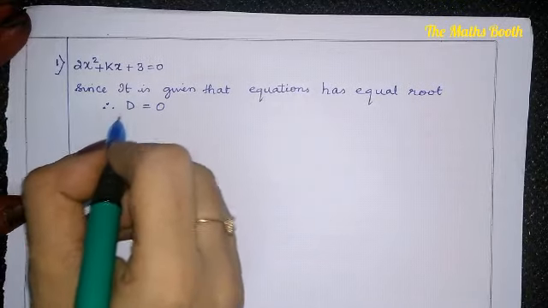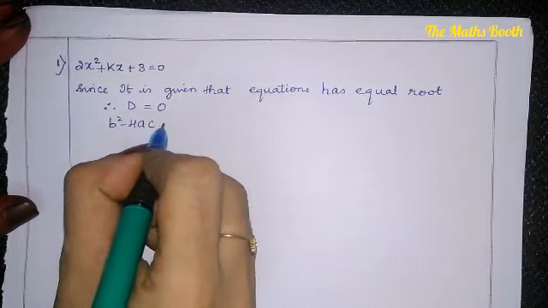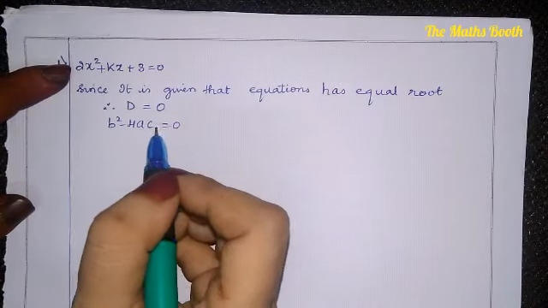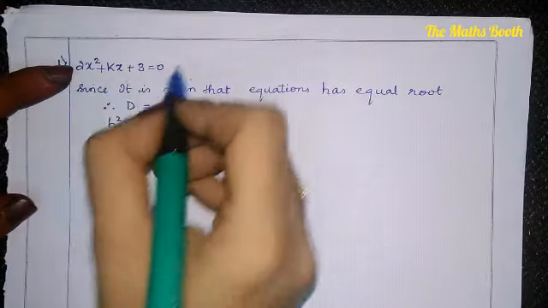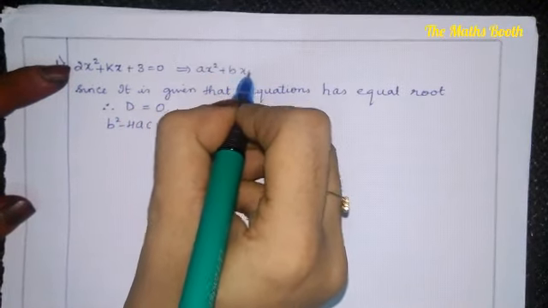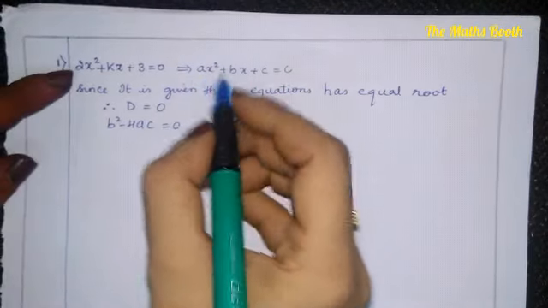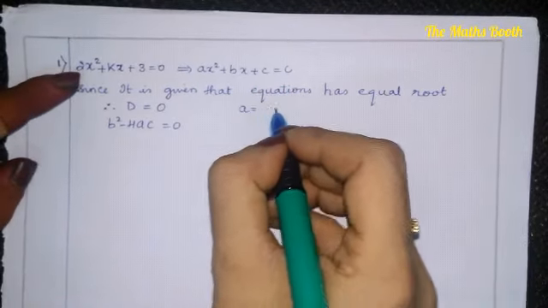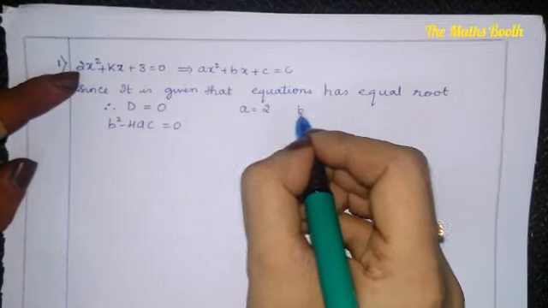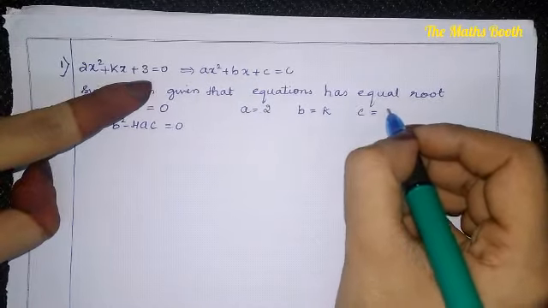What is d now? D is nothing but b square minus 4ac is equals to 0. So by comparing with ax square plus bx plus c equal to 0, a is equals to 2, b is equals to k and c is equals to 3.